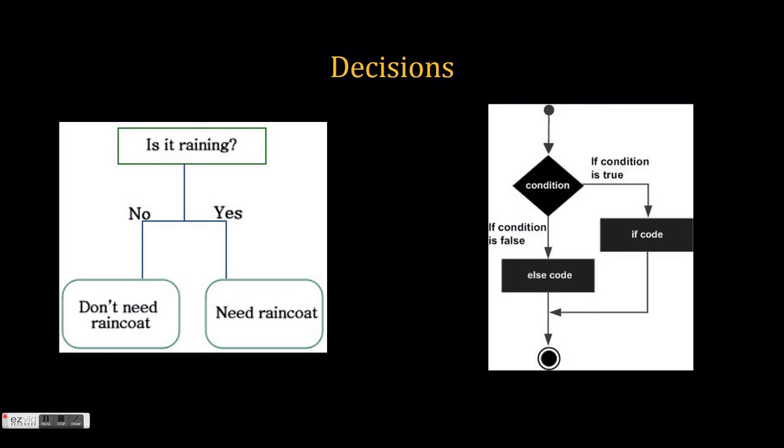So we're saying we want to execute a certain sequence of code depending on the outcome of this condition. We execute the if code if the condition is true, and the else code if the condition is false. And when all is said and done, you go to the end of the execution, or you execute the next line of code.